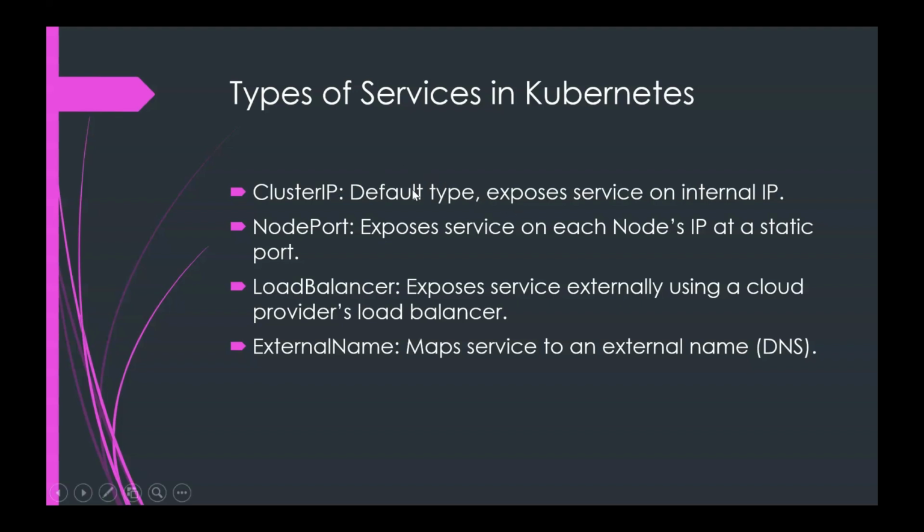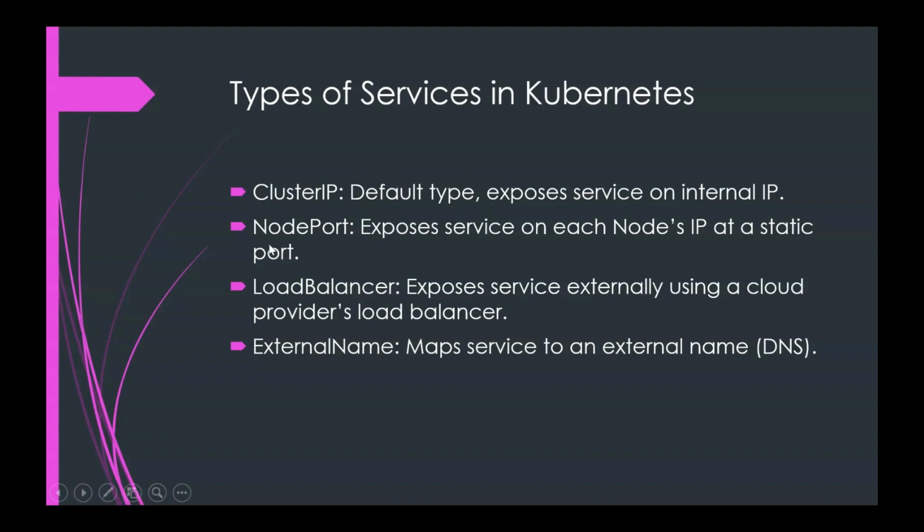If you want to establish a connection between your pods, or an internal connection with internal or private IPs, you can create the ClusterIP. So one pod will communicate with another pod with the ClusterIP service.